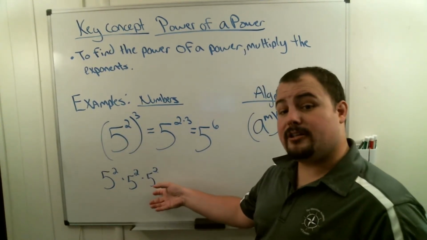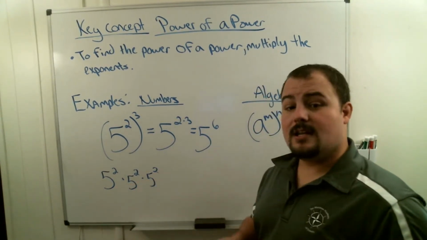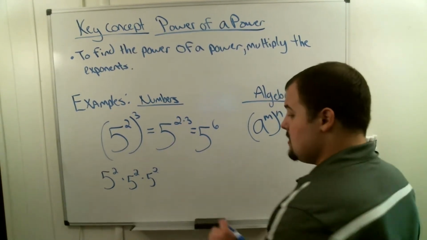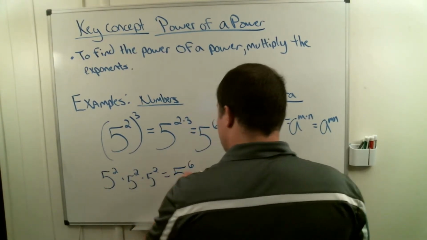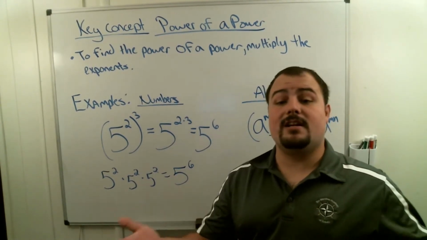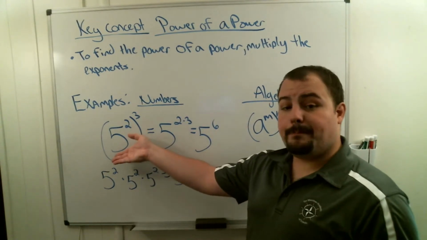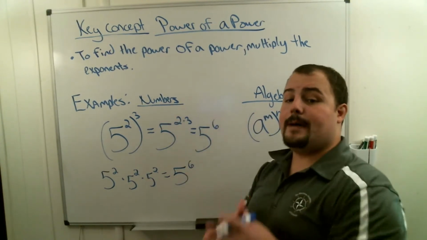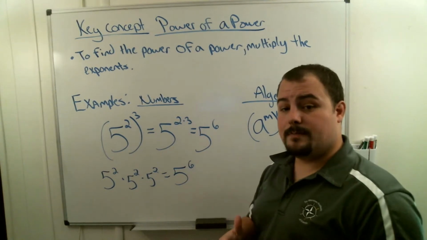Now this does apply to the rule that we had previously. 5 to the second times 5 to the second times 5 to the second. Since all of those numbers are multiplying and they all have the same base, we can add those exponents. 2 plus 2 plus 2, 5 to the 6th power. So instead of writing something out 3, 4, 5, 6, 7, 8, 9, 10 times, what we decided to do was, if you have some number that has a power and it's going to another power, which means it's a power of a power, all you've got to do is multiply the exponents to figure out what the total is going to be.